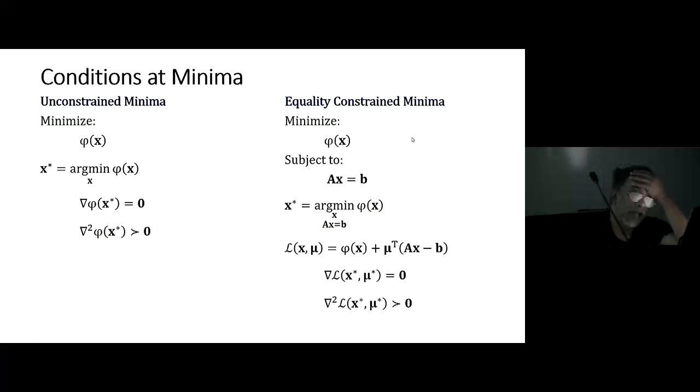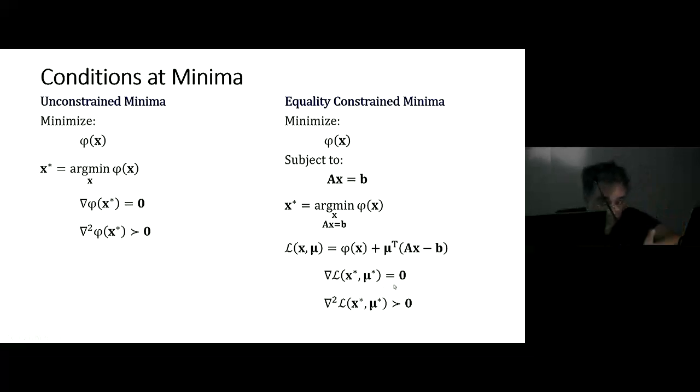Once you construct the Lagrangian, you can write down the first order and second order conditions. The first order condition is at the optimum. Now we have to optimize with respect to mu as well. At the optimum, the derivative of L with respect to X equals 0.